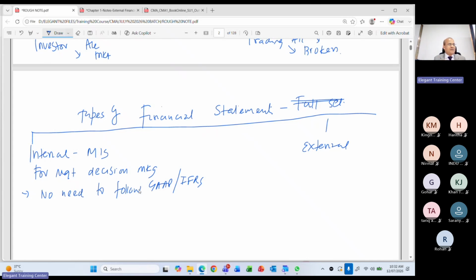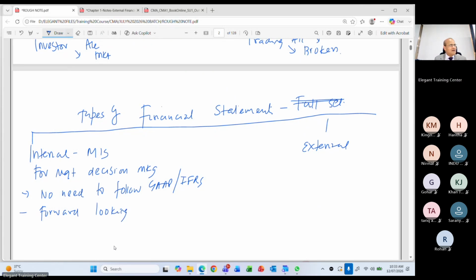Now your management asks, give me an inventory report. What accounting standard will you follow? So internal financials for management decision making do not have to follow any GAAP or IFRS. Forward looking.